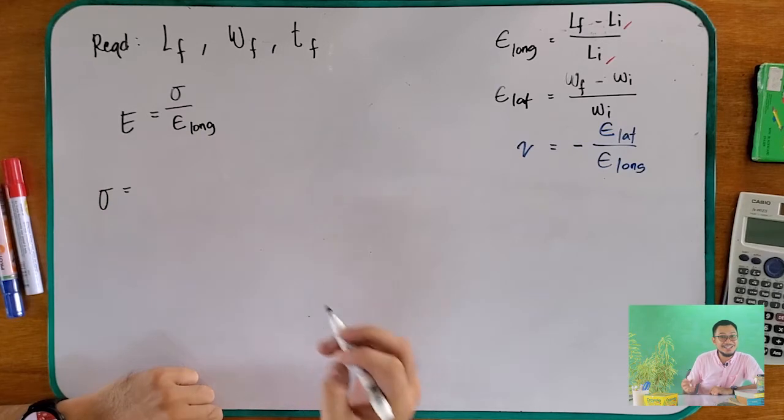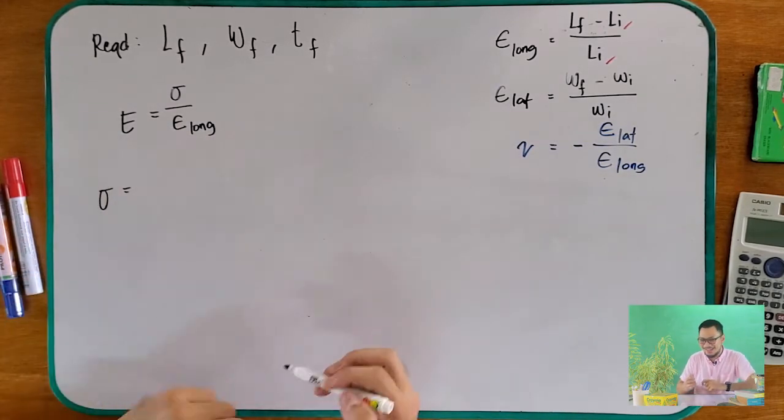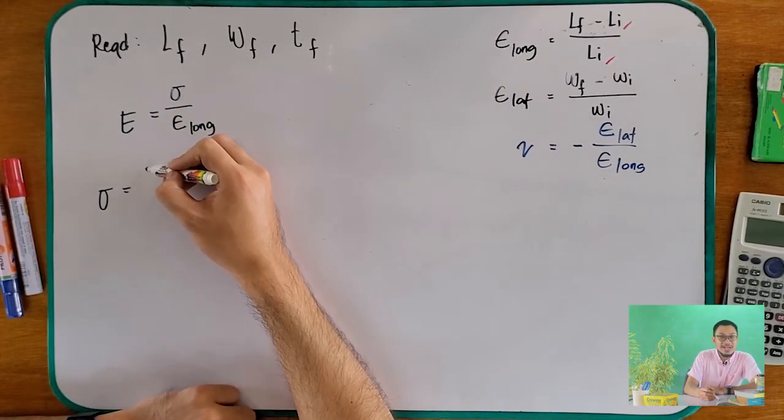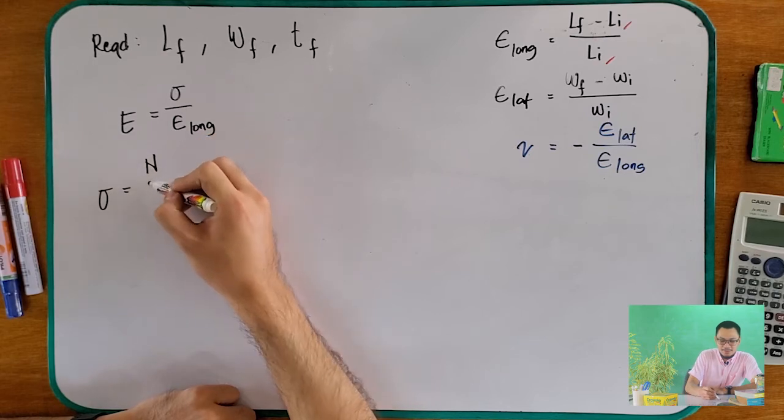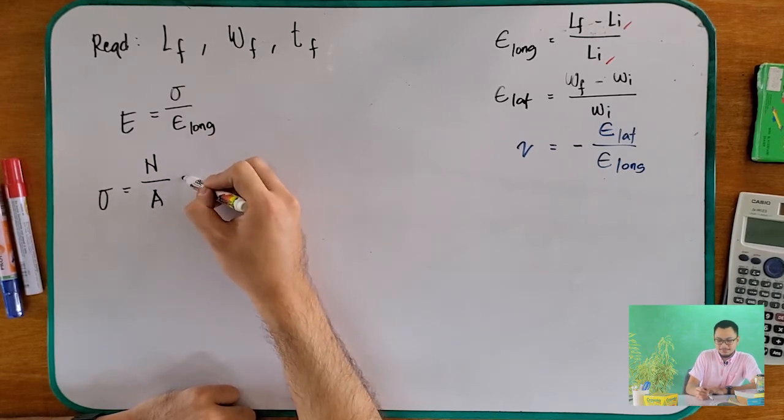So, how can we determine our normal stress? We all know that your normal stress is equal to, so many equations we keep going back to, oh my gosh, the normal force over the cross-sectional area. And this is the most direct equation that we can solve. Why?